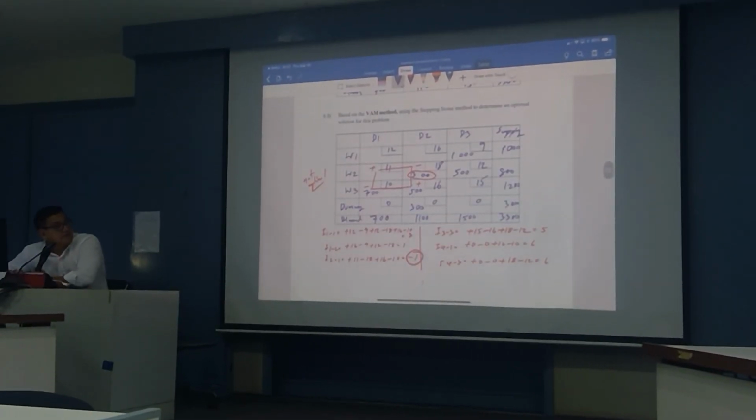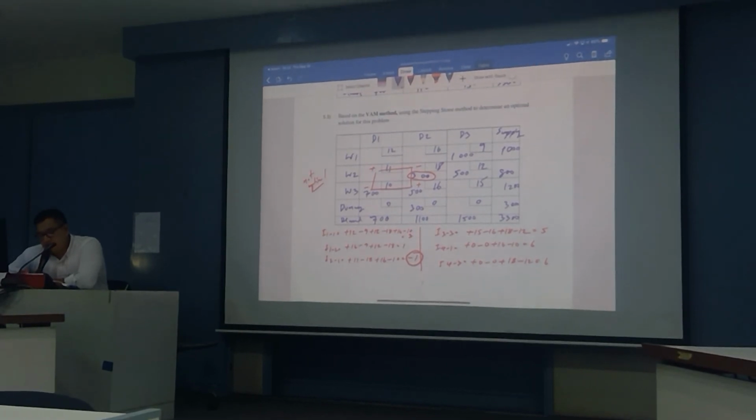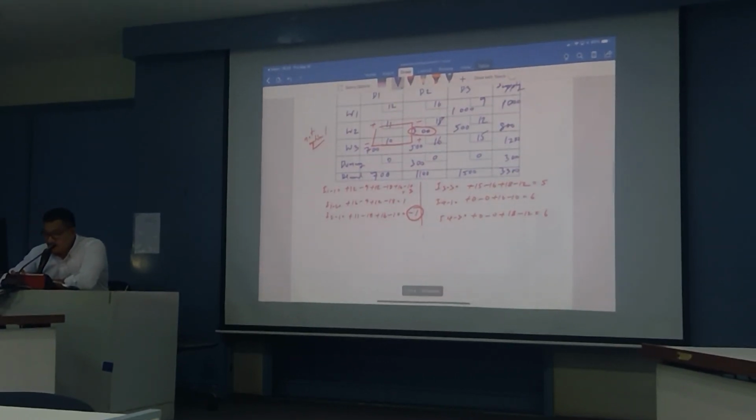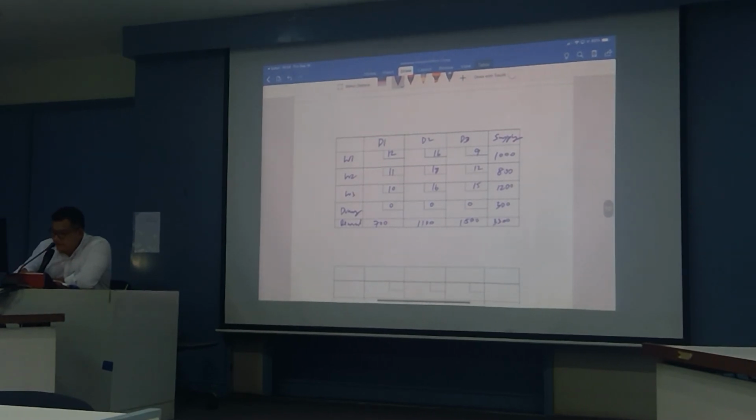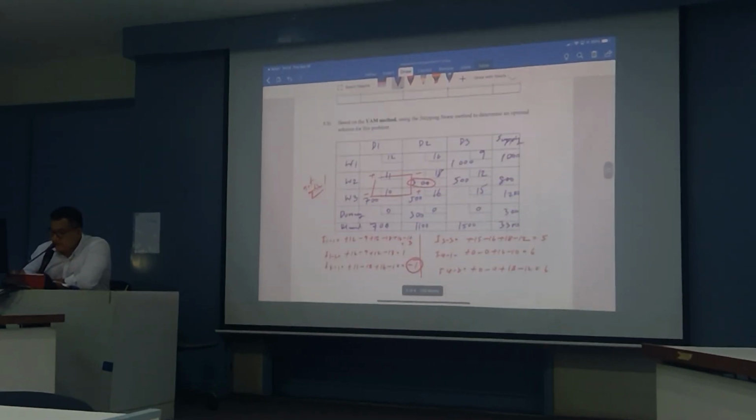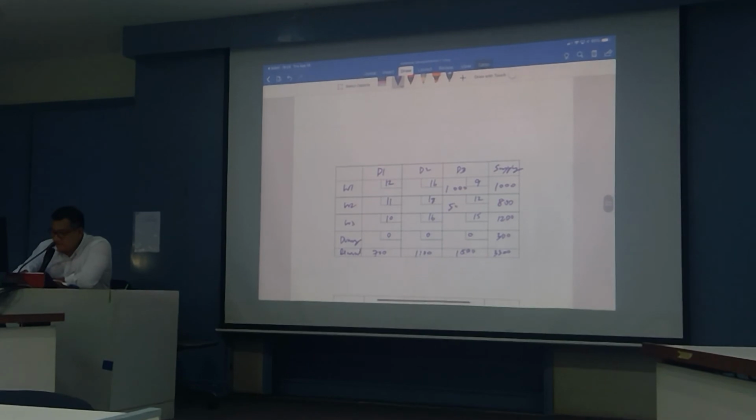Okay, from this we can use 300, right? Add at the positive sign and subtract at the negative sign, and the rest that does not involve this closed path stays the same. So then we're going to have 1000 still here, 500 still here.